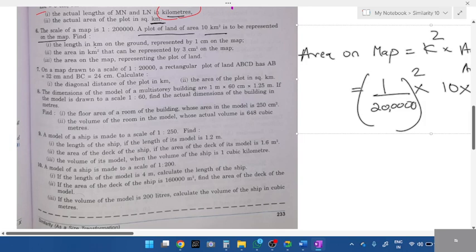Length on the ground represented by 1 centimeter. Therefore centimeter is given, we have to convert the area in kilometers. First we need to find the length in kilometers on the ground represented by 1 centimeter on the map.